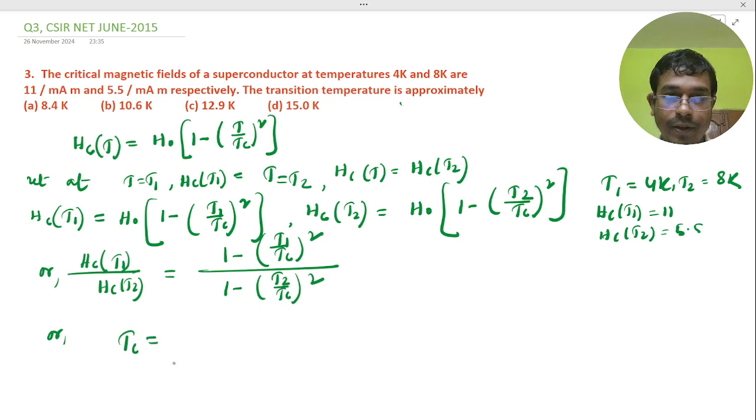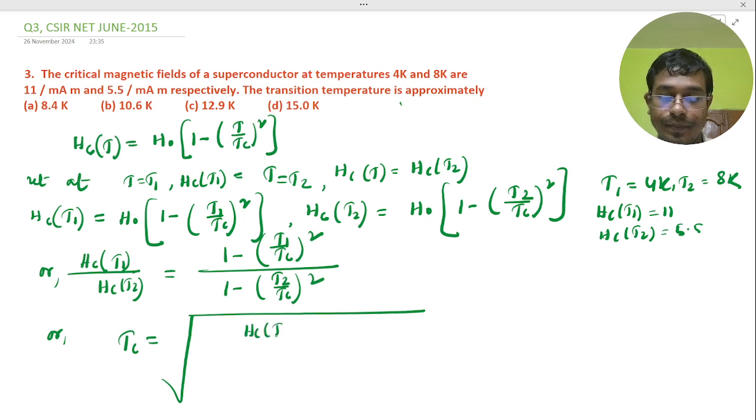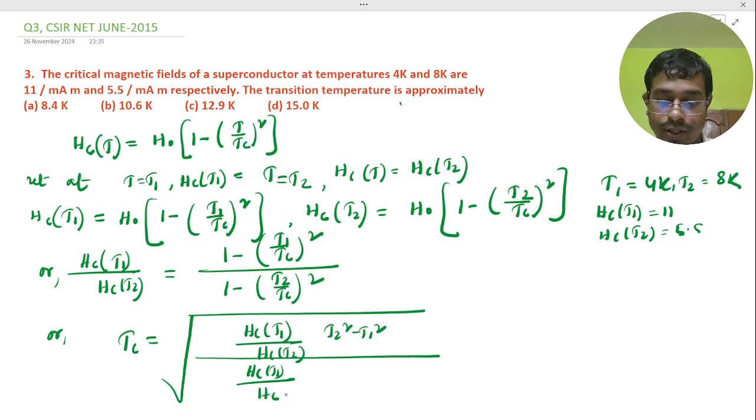We should find tc is basically the root over (t2 square minus t1 square) by (Hc(t1) by Hc(t2) minus 1).